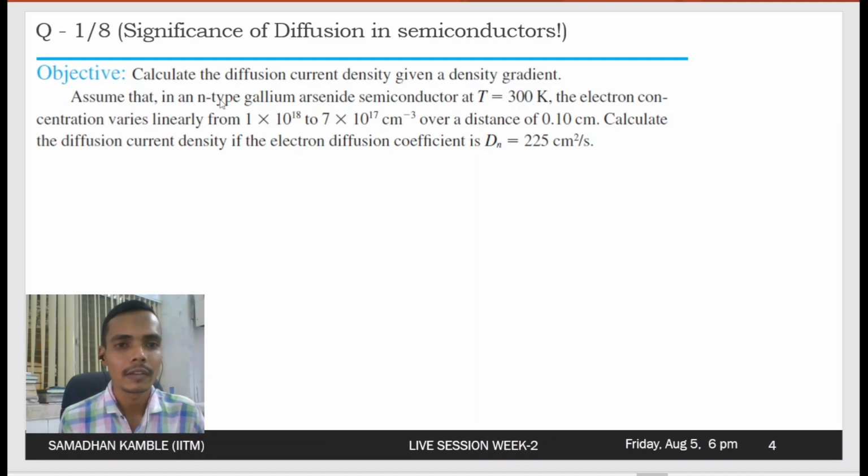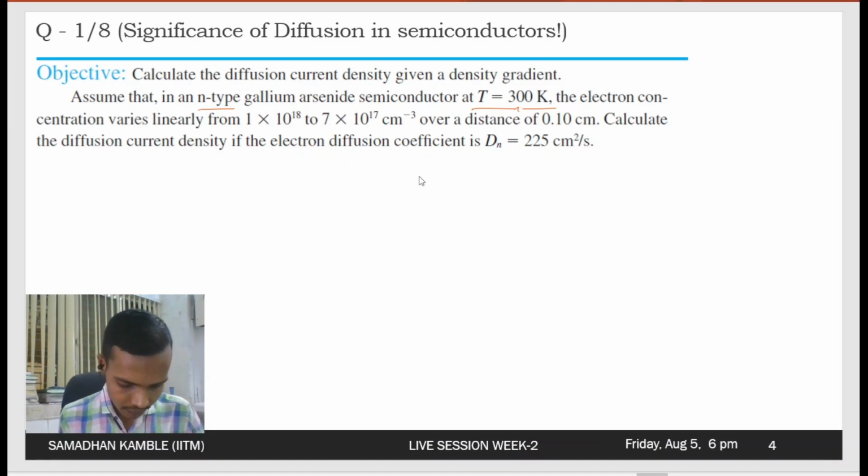We are given an n-type gallium arsenide semiconductor whose temperature is 300 Kelvin. The electron concentration varies linearly from 10^18 to 7 × 10^17 per centimeter cube over a distance of 0.1 centimeter. Calculate the diffusion current density if the electron diffusion coefficient Dn is equal to 225 centimeter square per second.